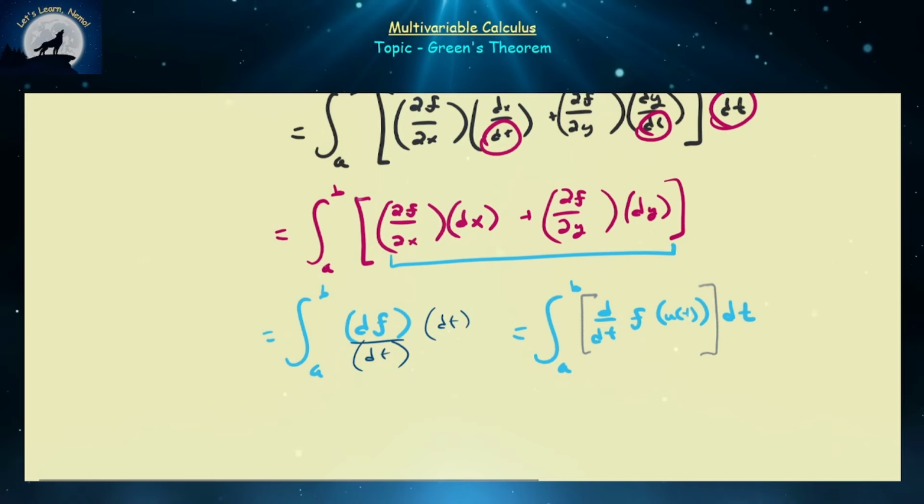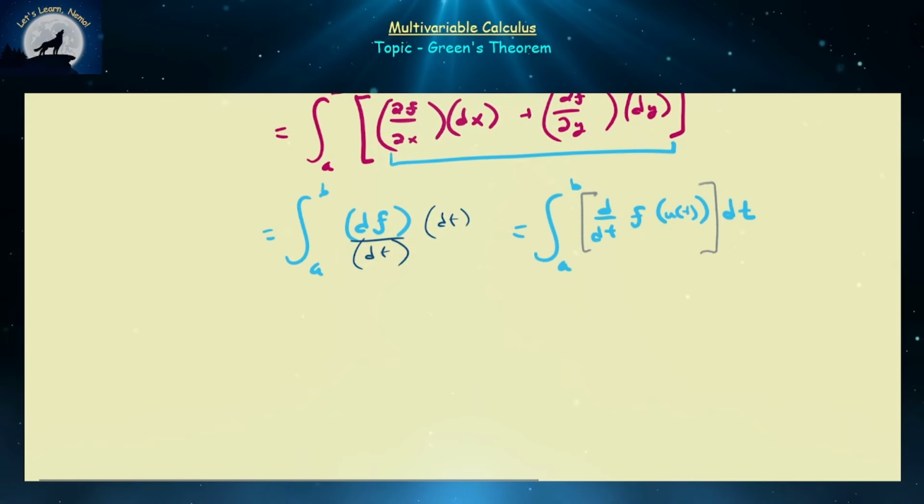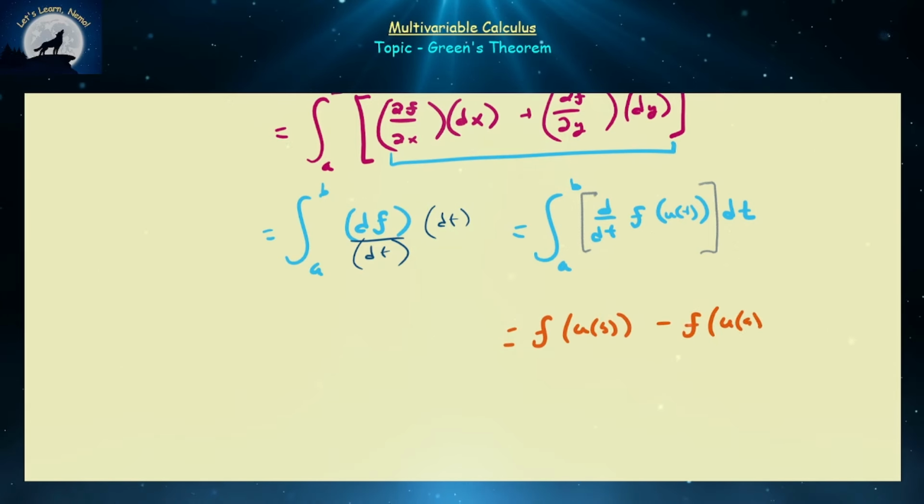This should look familiar as the fundamental theorem of calculus because it's the integral of the derivative, or the antiderivative of a derivative, which will just be equal to the function evaluated at its endpoints. That means this will be equal to f of u of b minus f of u of a, by the fundamental theorem of calculus that we've seen before.